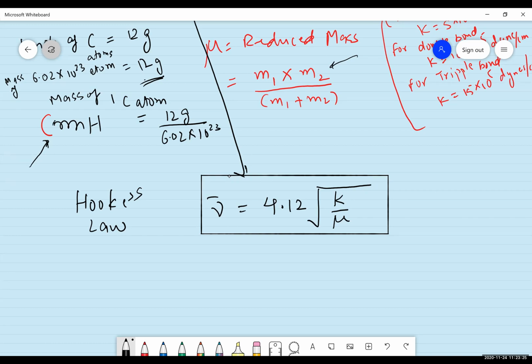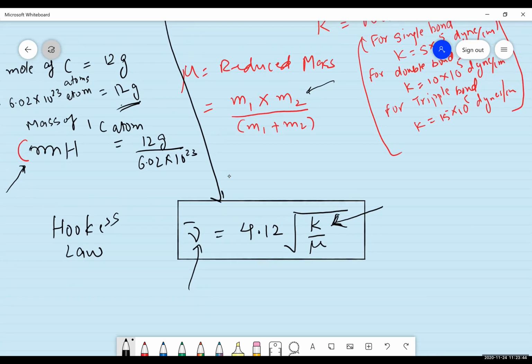If we look at Hooke's law, we'll see that the wave number expression depends on k directly. A higher k value means the wave number will be higher or lower? Larger. It will be larger, right? And how about the mass, reduced mass?